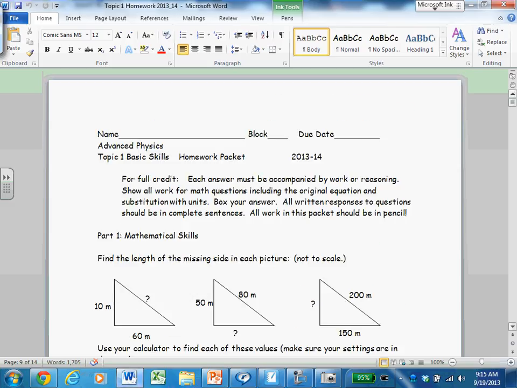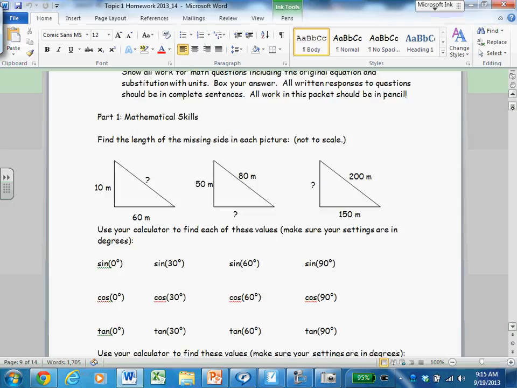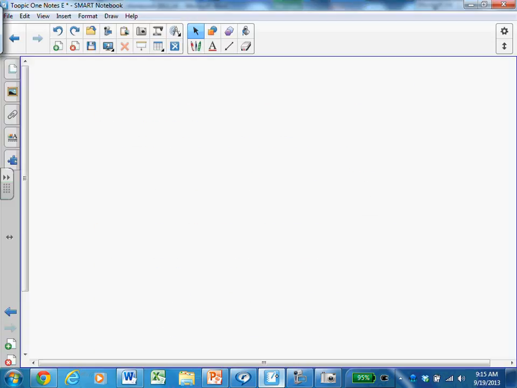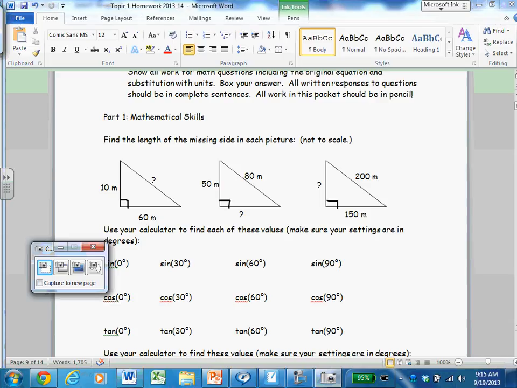First off, I didn't label these right triangles that they are, okay? Right triangles. So let's look at some.